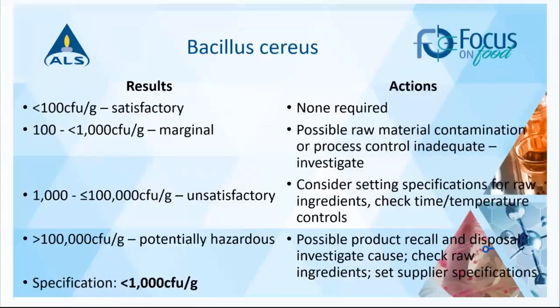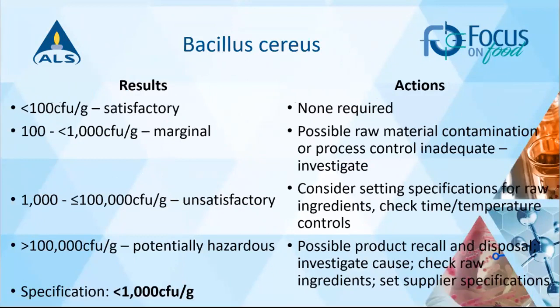So for Bacillus cereus, it's a risk in rice dishes, including sushi, potato and pasta dishes, meat, vegetable and fish. Specification of less than 1,000 CFUs per gram is advised, with any high counts requiring further action or investigation into the root cause.